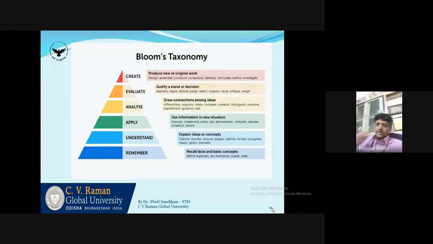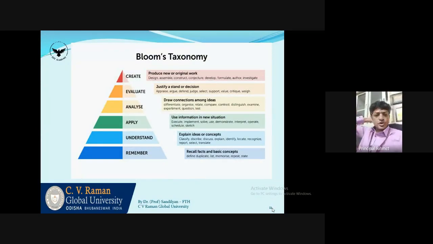Yeah. So I would request all the participants to spend some time and read through this Bloom's taxonomy. So you can see here the lower order thinking is remembering and understanding. So they are able to recall what is your name, lower order. When did Alexander invade India? That's a recall question.